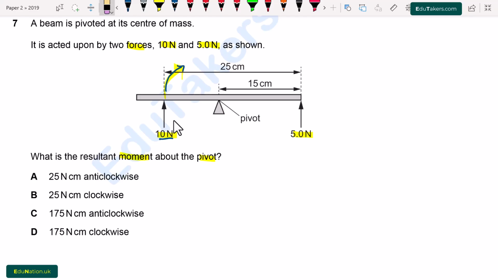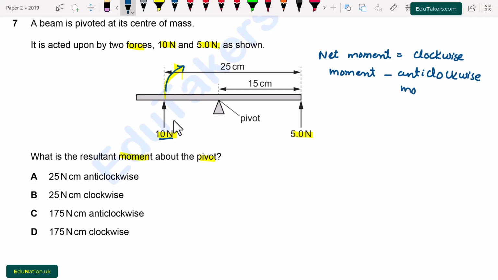Now I write here, net moment will be equal to clockwise moment minus anti-clockwise moment. Because the clockwise moment and anti-clockwise moment are in opposite direction, that's why I write here minus.